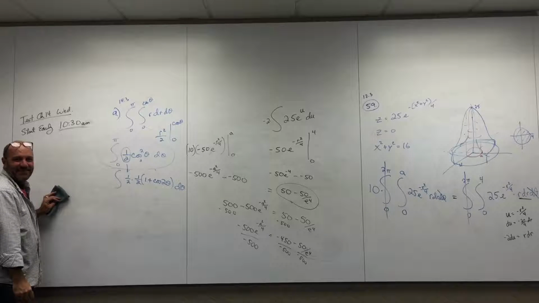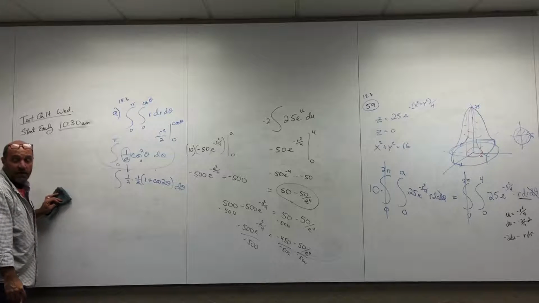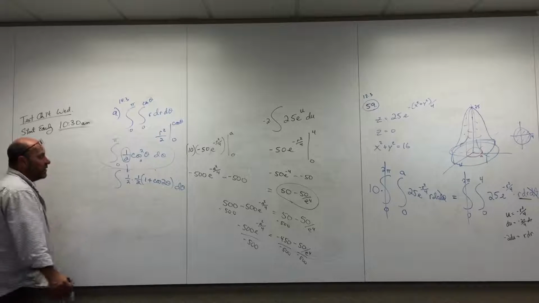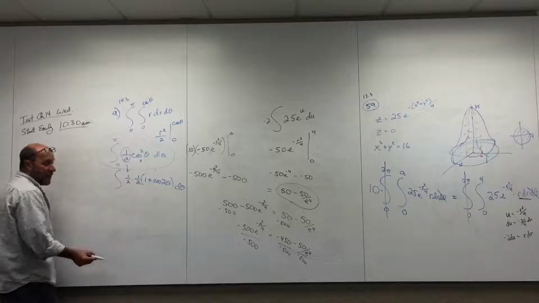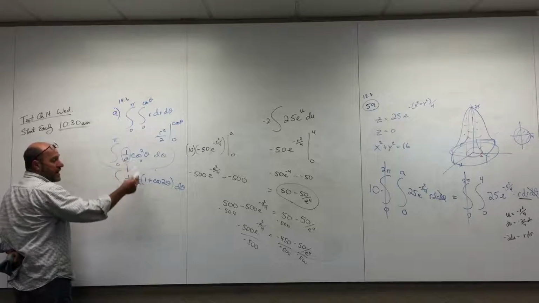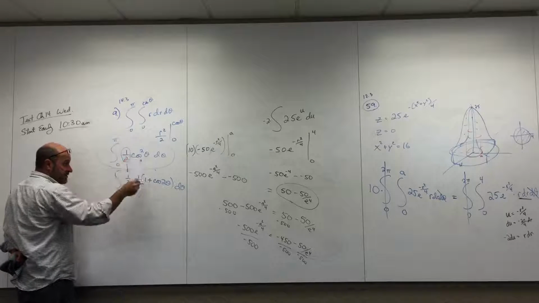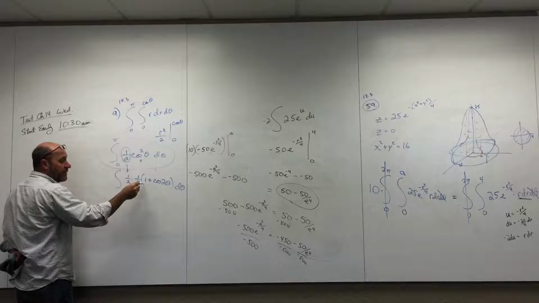We learned that in Cal 2. It's the only way to integrate cos squared. It's not even that famous, but it's a manipulated half angle formula from trig that we use for this purpose.